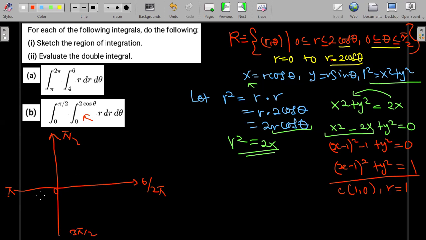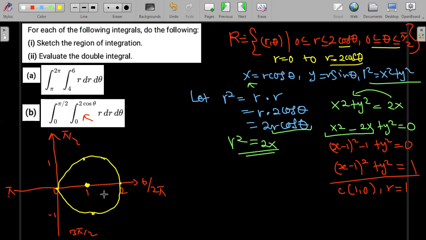This circle has a center at (1, 0). So my 1 can be somewhere there, and then my 2 can be somewhere there. I have minus 1, I have 1. If this is my center and my radius is 1, it means I'll go 1 step to the right, 1 step to the left, 1 step up, and 1 step down. So this will be my circle here.